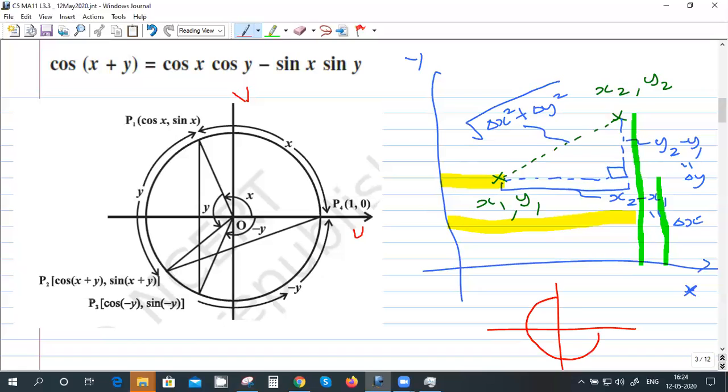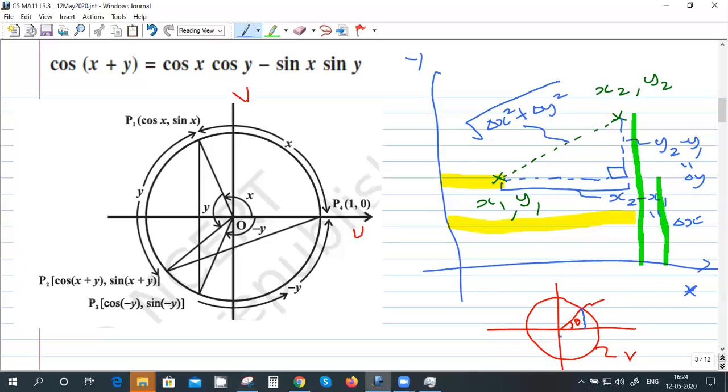This is a circle of radius r. And I'm taking a line at an angle theta. So what are coordinates of this point? If I need coordinate, I just have to drop a perpendicular.